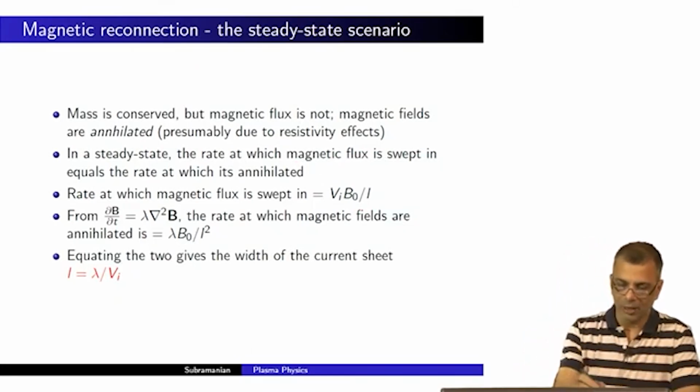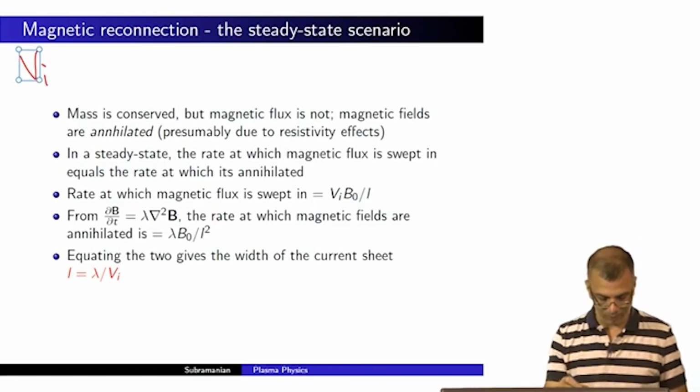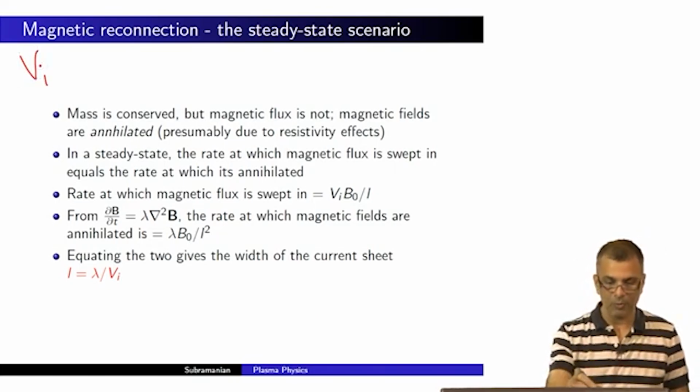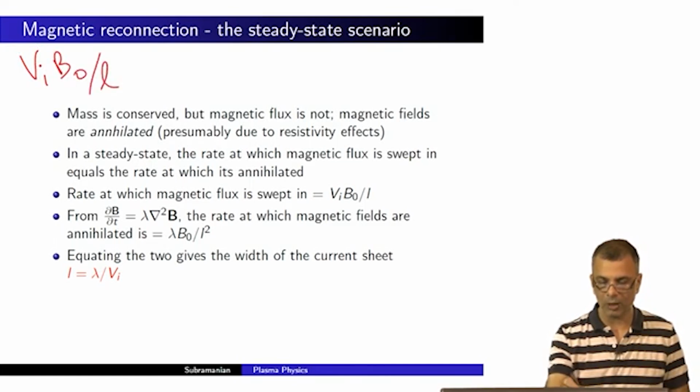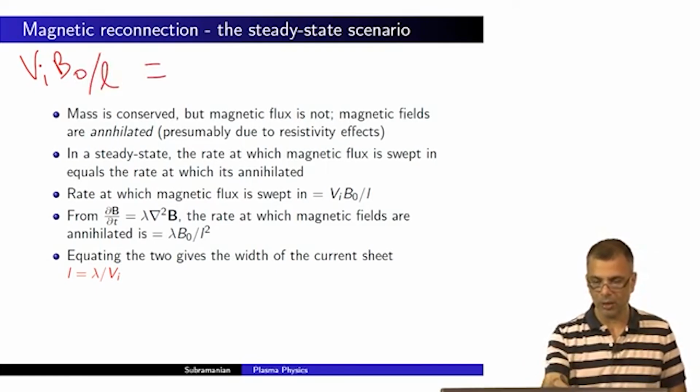You write Vi b naught over L equals lambda b naught over L squared.